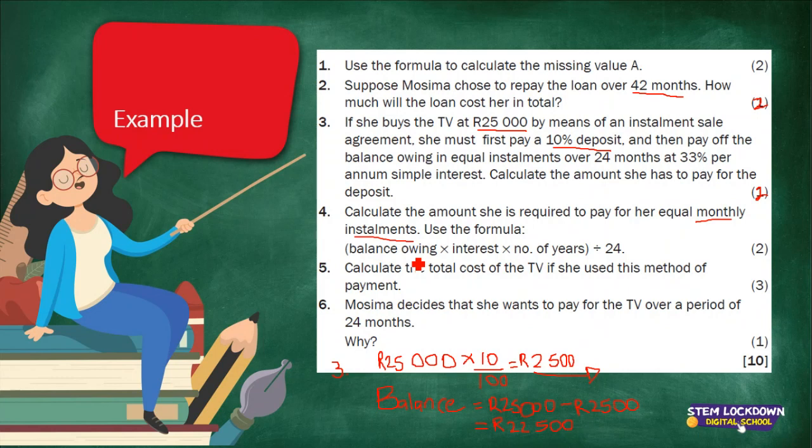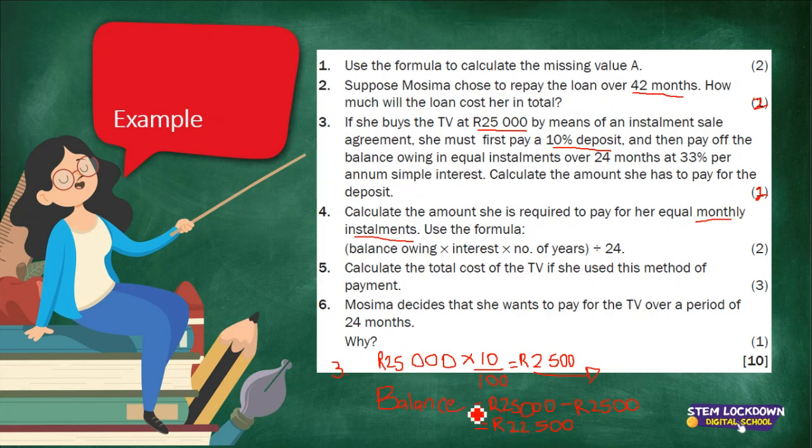Learners, we have less than 10 minutes remaining in our lesson, so write as quickly as possible, right? Okay, 10 seconds left. 5 seconds remaining. 3, 2, 1. The time is up. Okay, so for the balance owing, what is the balance owing?